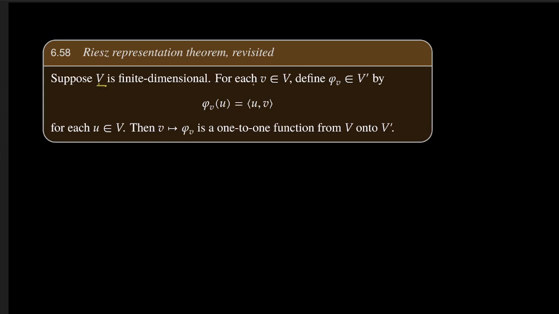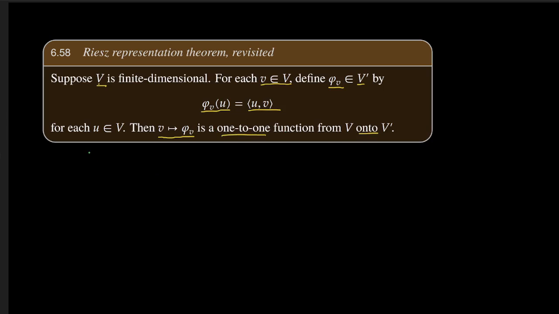If V is finite dimensional, then for each v in V, let's define phi_v in the dual space by phi_v(u) equals the inner product of u with v, for every u in V. So this just says, take a v, fix that in the second argument of the inner product, and now you've got a linear functional. Our claim is that the map that sends v to phi_v is one-to-one and onto. That is, it is a bijection.